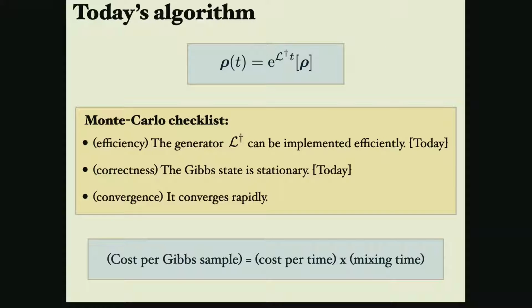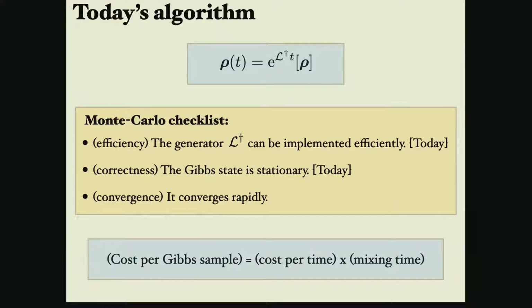Okay, so today's algorithm, we overcome these two challenges, and here's what we got. The algorithm looks like this. It's a continuous time Markov chain. If you like discrete things, this may not be entirely familiar, but this is what we constructed. We claim that our algorithm satisfies the following criteria of a Monte Carlo style algorithm.